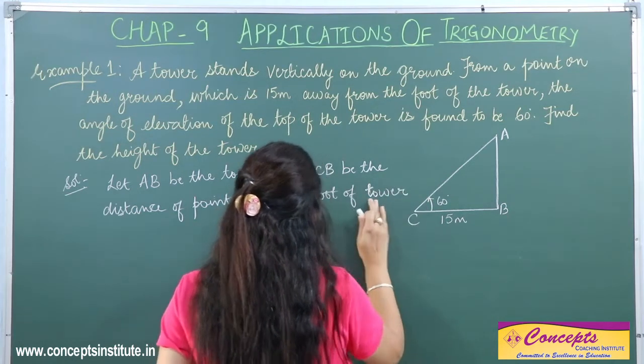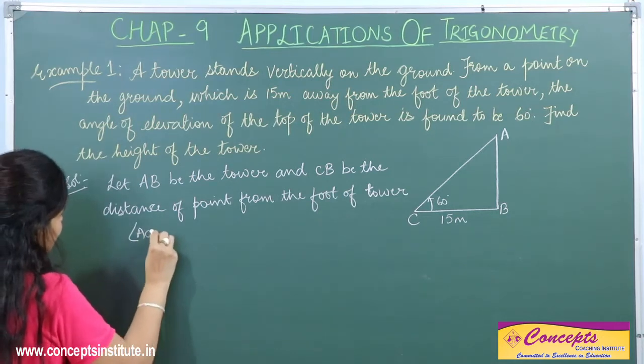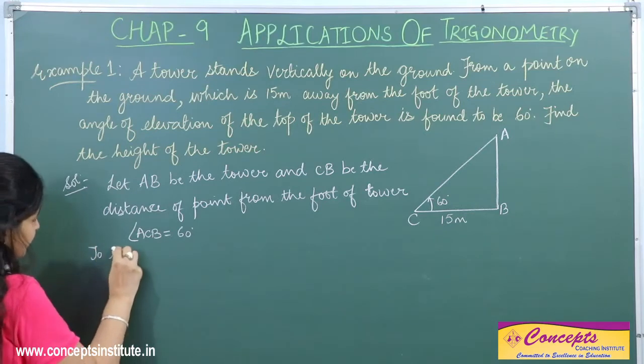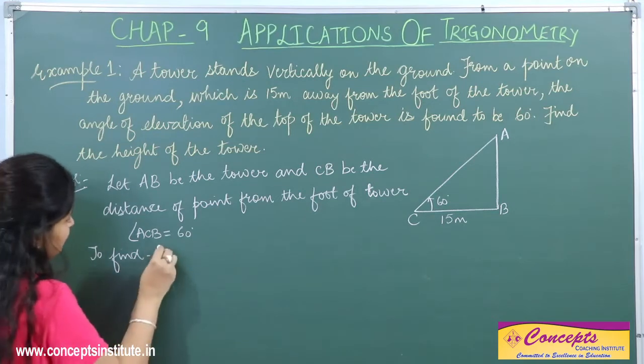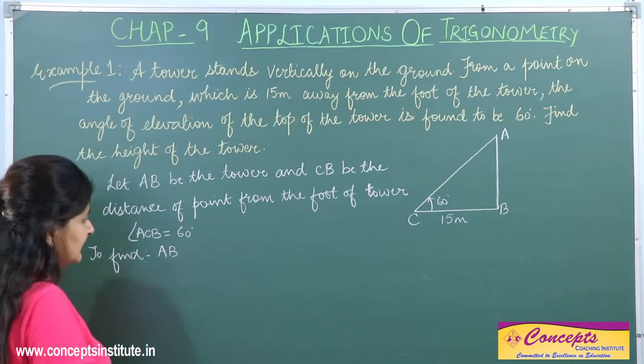Right? So which is given to me as 15 meters, and angle ACB is given to me as 60 degree. Now what do I have to find? I am interested in finding out the height of the tower which is AB. Right? So how can I do that?